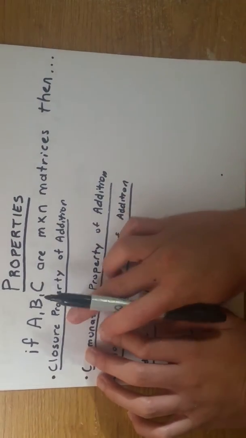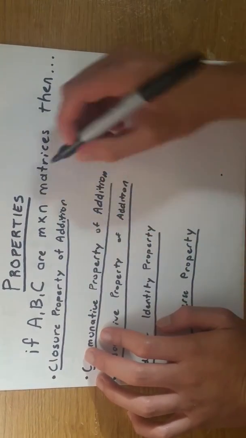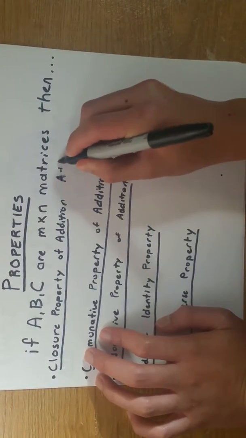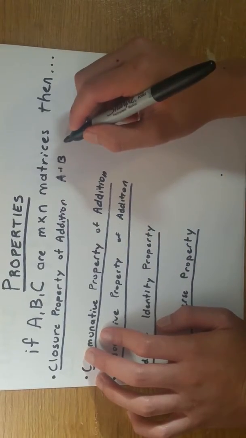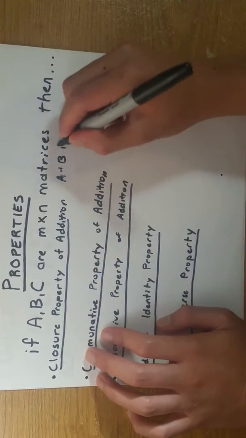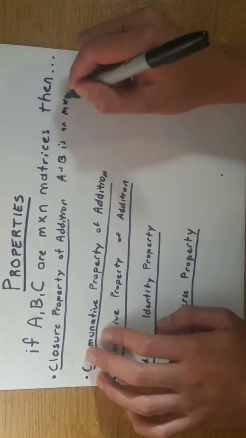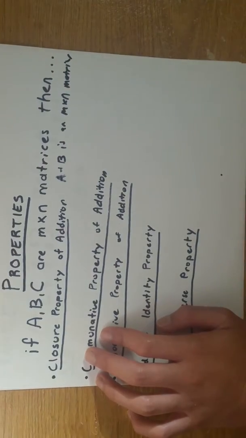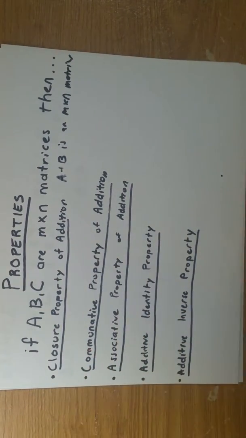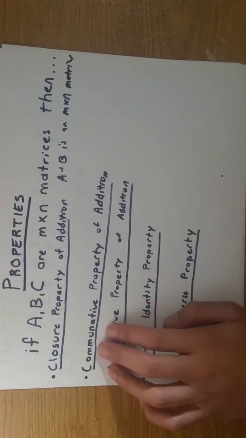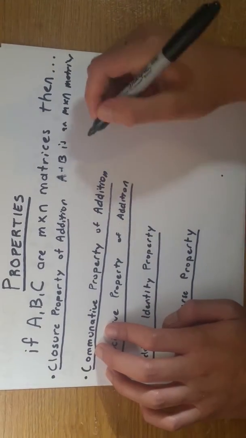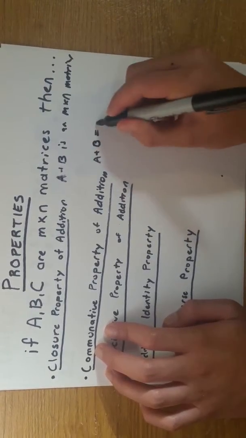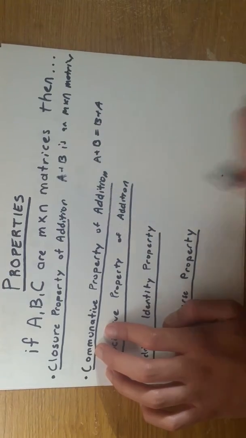First we have the closure property of addition, which is when A plus B is an m times n matrix. The commutative property of addition is that A plus B is also equal to B plus A. That's simple.